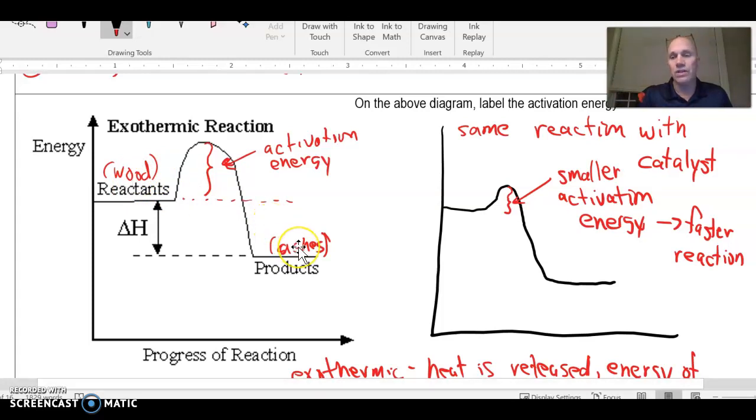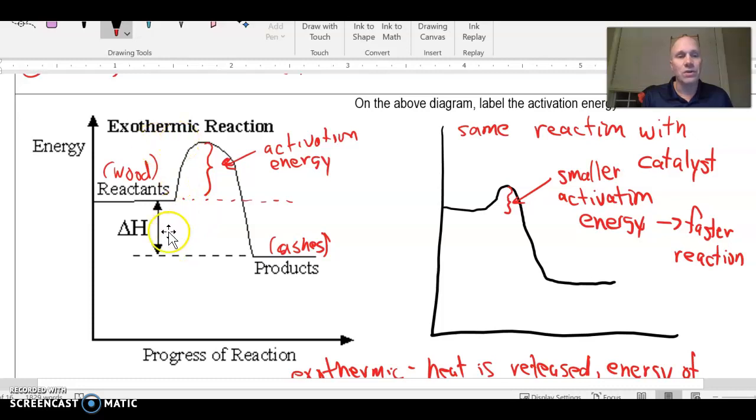You can't really do anything with the ashes to get energy out of that. But in order to get the wood to turn into the ashes, you have to put some energy into it. You have to heat that wood up to get the fire started. That energy that you have to put into a reaction to get it started is what's called the activation energy.